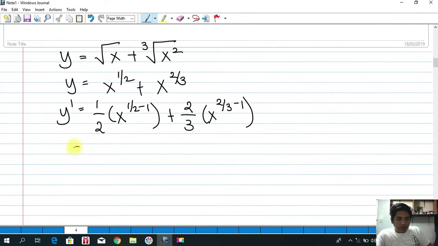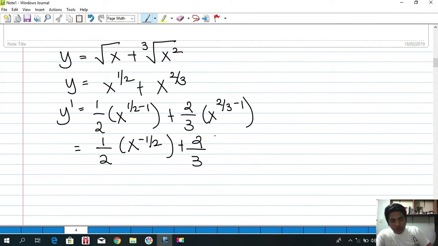Okay, so the derivative, upon simplifying, is 1/2 x raised to 1/2 minus 1, which is x raised to negative 1/2, plus 2/3, and x raised to 2/3 minus 1, so that is negative 3 plus 2, that is negative 1/3.